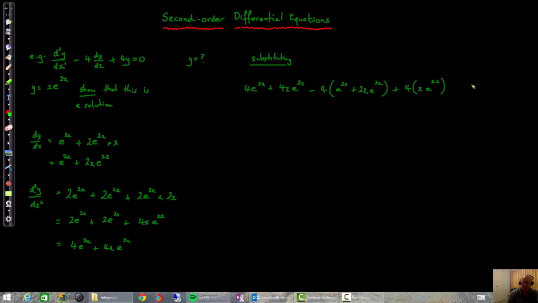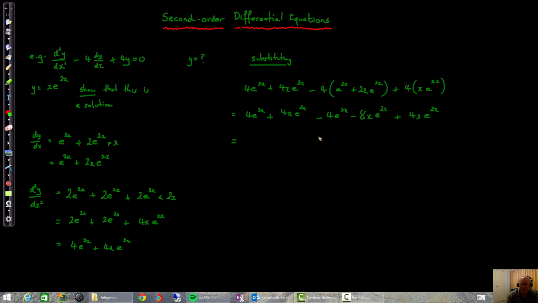We can't say it equals 0 at this stage. We're trying to show that it does equal 0. So the only way to proceed here is to expand out, and hopefully we find a lot of things cancel out.